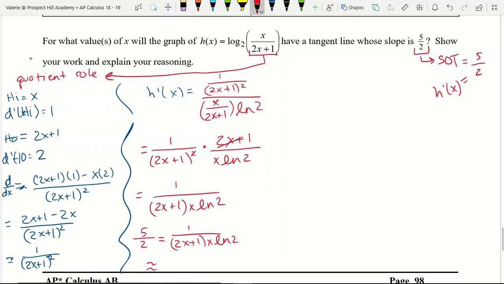Plug it into a calculator and you'll get approximately 0.3425 and negative 0.8425.